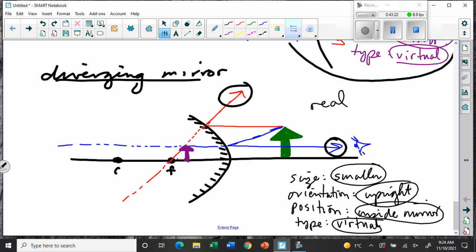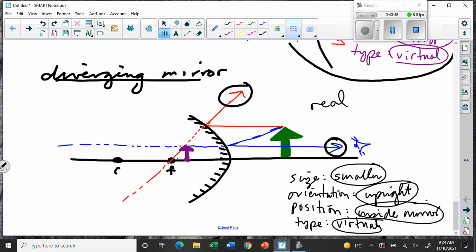And really, this is the only option for diverging mirrors. This is the only picture we need to draw, because no matter where we put that arrow, that green object, it's going to result in a similar kind of picture. But this one's tricky to draw, because you have to do a lot of extending of the lines. You have to be able to extend the lines, and you have to know which lines to extend.